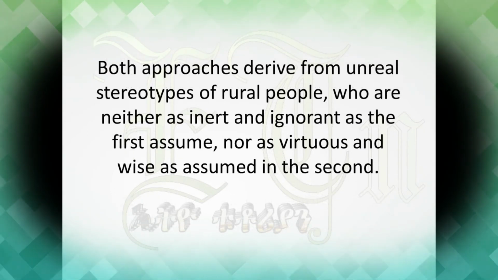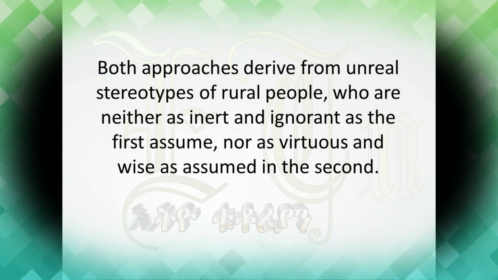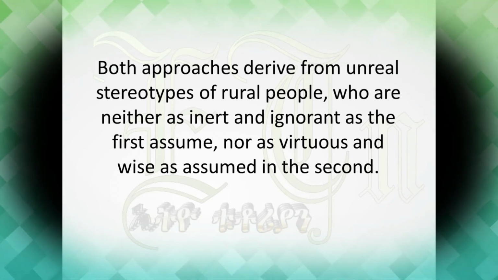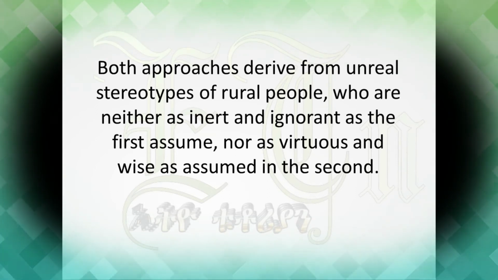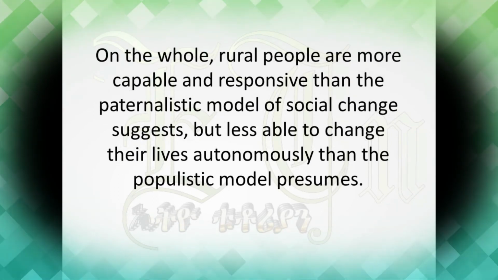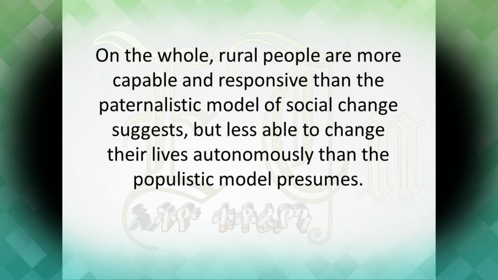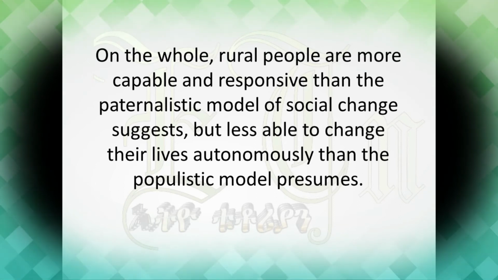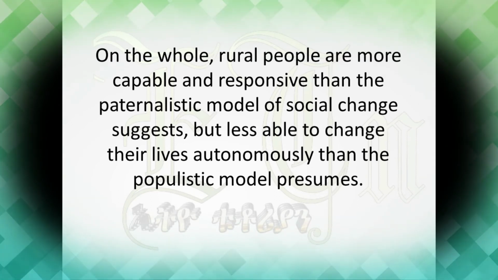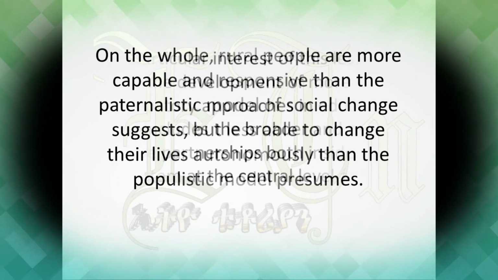Both approaches derive from unreal stereotypes of rural people, who are neither as inert and ignorant as the first assume, nor as virtuous and wise as assumed in the second. On the whole, rural people are more capable and responsive than the paternalistic model of social change suggests, but less able to change their lives autonomously than the populistic model presumes.